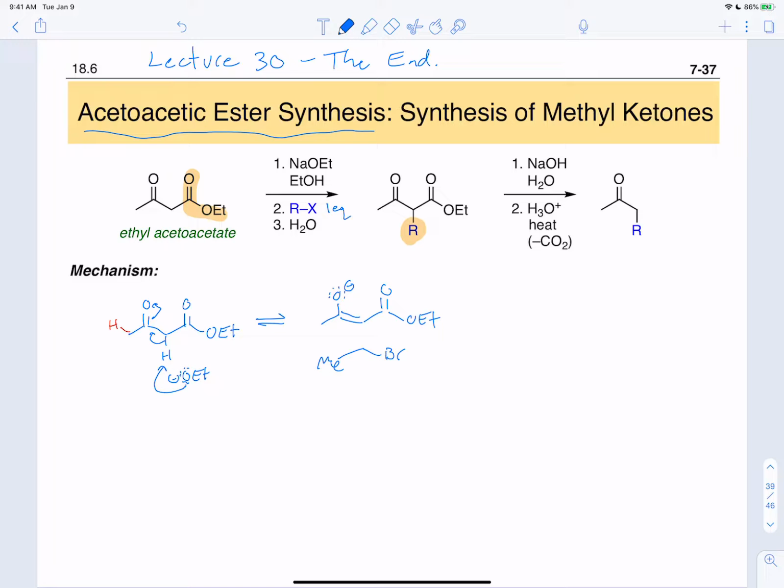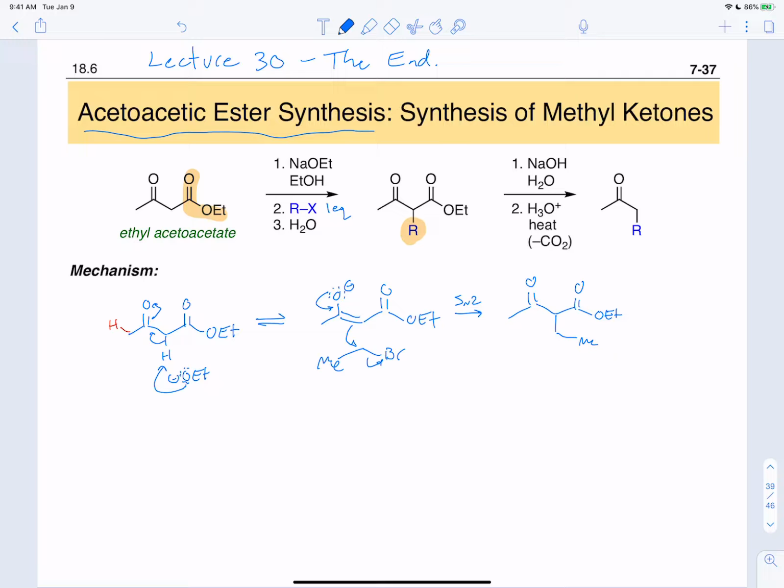So if we say one equivalent, we'll only get one equivalent out afterwards. So we'll do an SN2 reaction. We still have a reaction at carbon of the enolate. And we're going to make a new alkylated ethyl acetoacetate derivative.